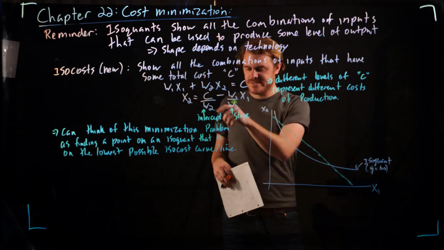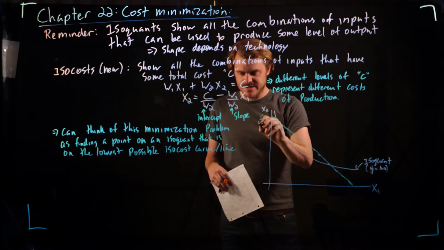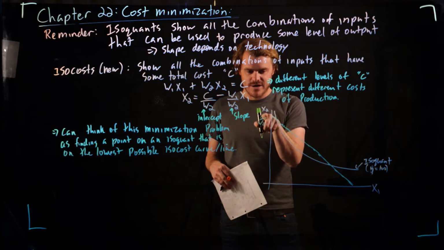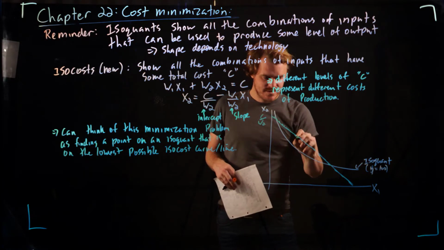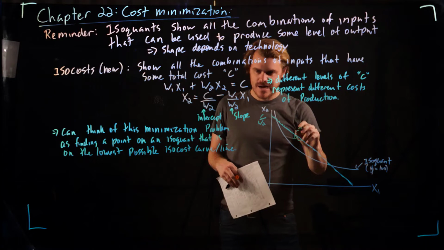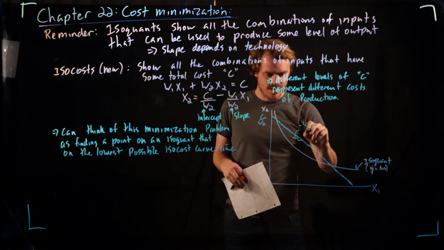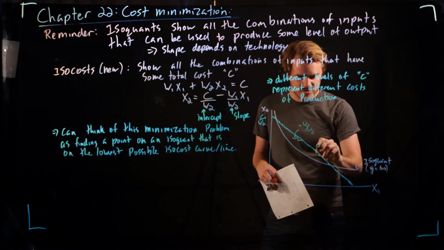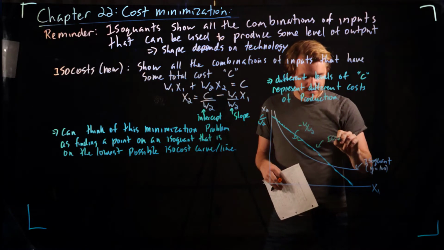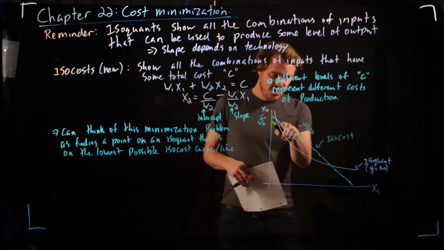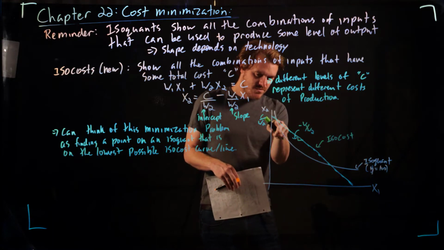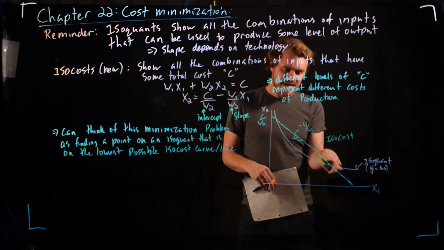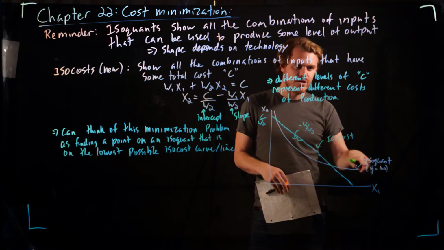So we might have one up here, where the intercept is C over W2, and that C is fairly high. The slope is negative W1 over W2, just like the slope we had here. This is an isocost. With this level of cost, we could definitely produce 100 units of output.